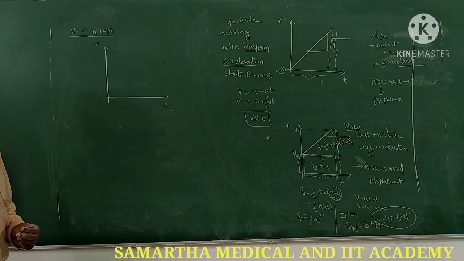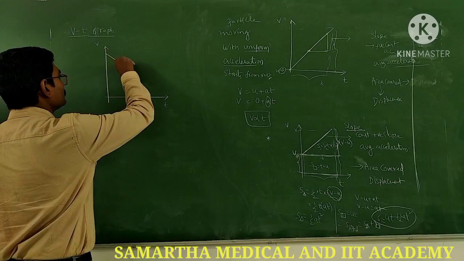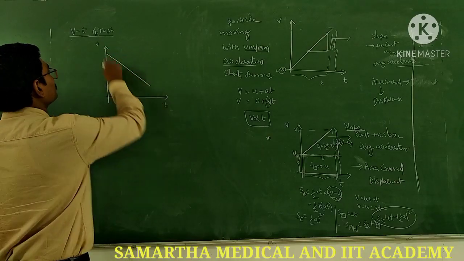What will happen? Initially you give it more velocity, so when it reaches the top point, the velocity is 0. Velocity is decreasing as time increases. Like this, you will get a curve.